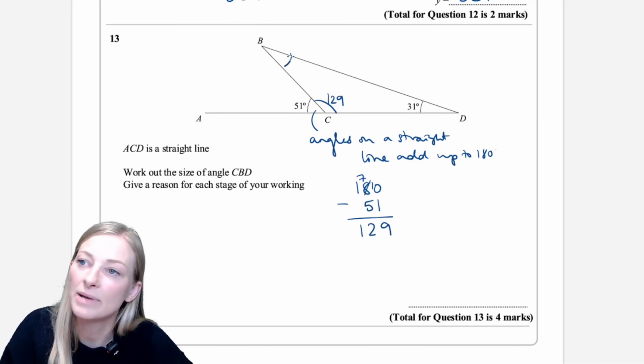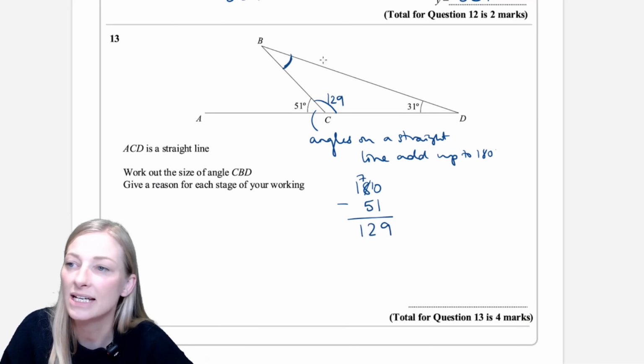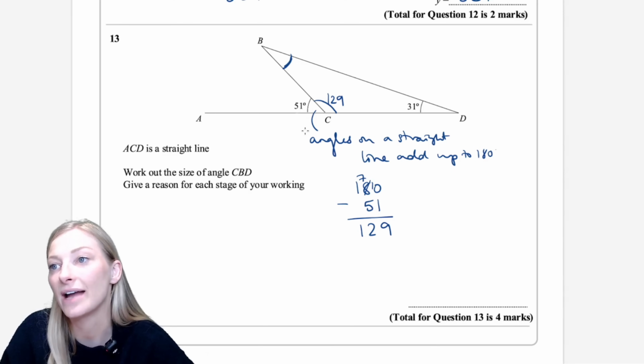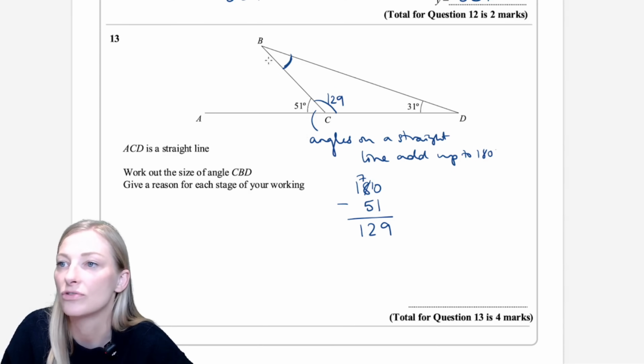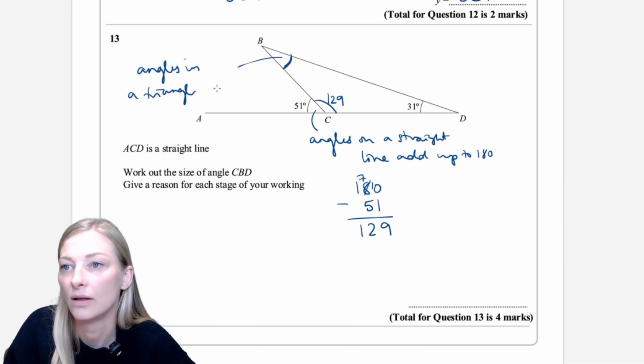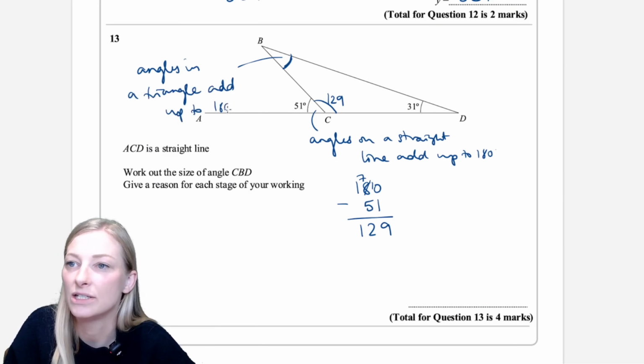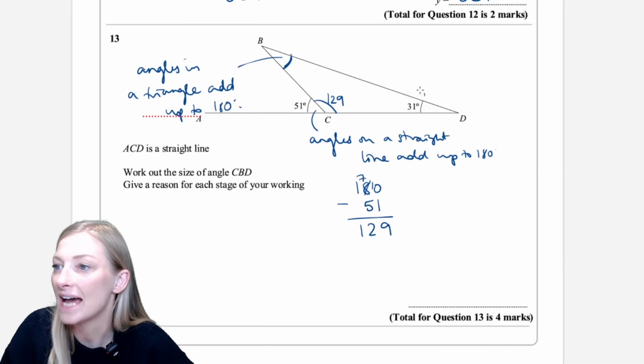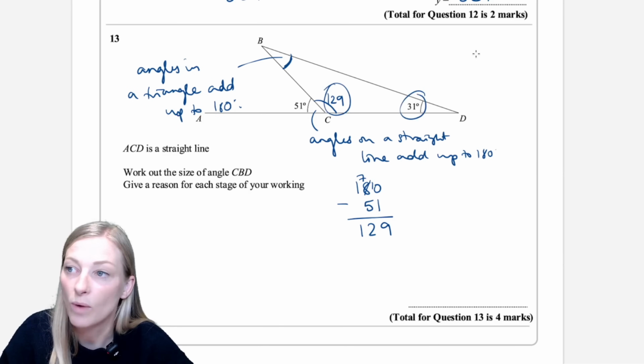And then this angle up here is the one they asked me for, CBD, and that is going to add with the other angles in that triangle to also make 180. So this one, angles in a triangle add up to 180 degrees. And then let's just add these two together and take it away from 180.